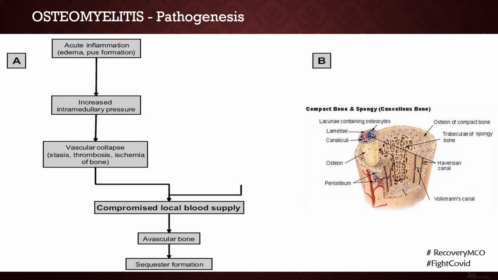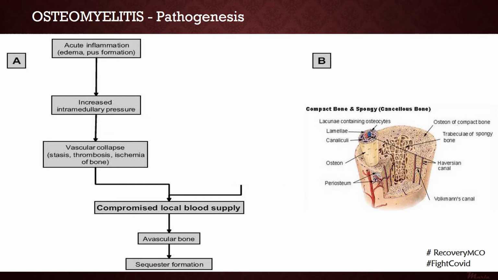When the edema increases, it results in increased intramedullary pressure, such that there is compression of the vascular channels within the bone marrow. This increased intramedullary pressure will result in vascular collapse, involving stasis of blood flow, thrombosis, and ischemia of bone.